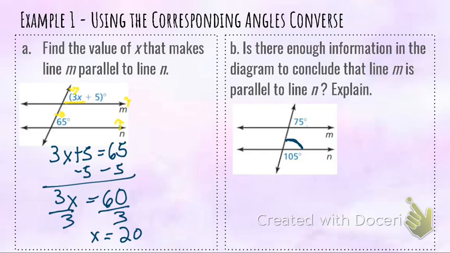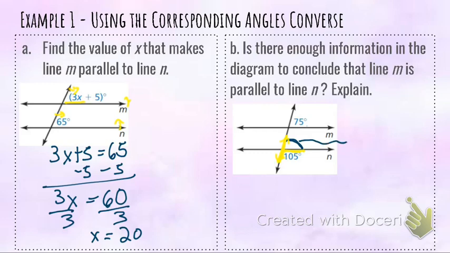What we know is that 105 degrees is on the same line as that angle. The non-shared sides form a line, which means they're linear pairs. Linear pairs lie next to each other, share a side, and the non-shared sides form a line.